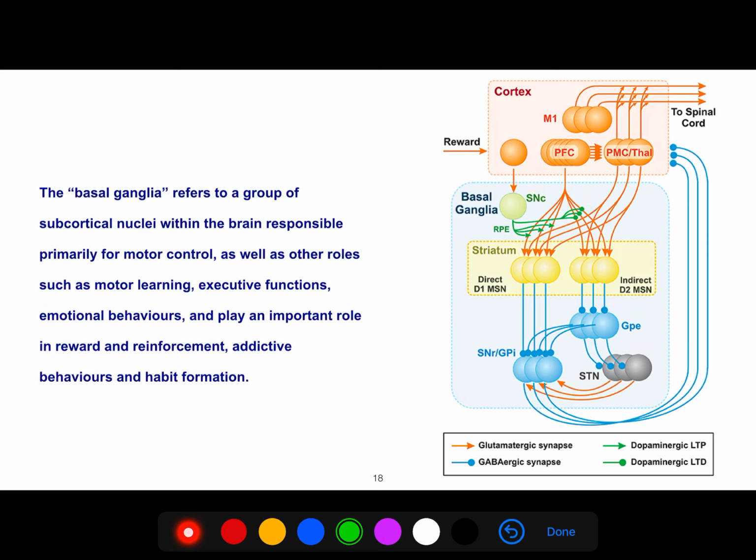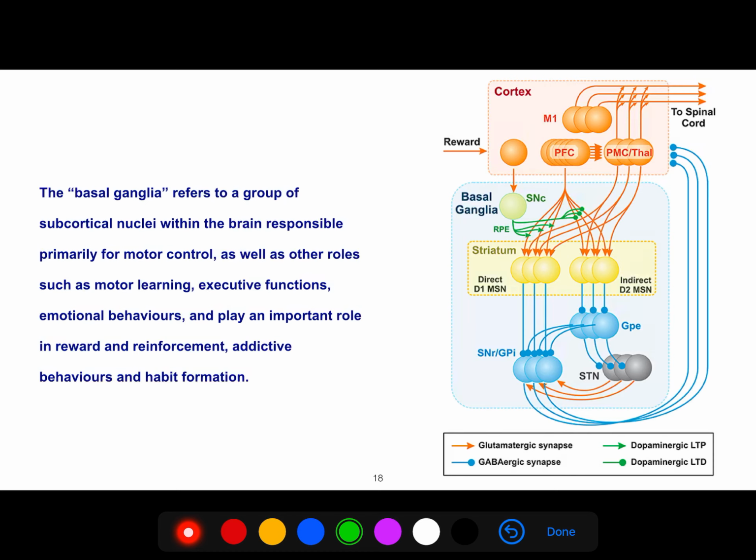And basal ganglia refers to the group of subcortical nuclei within the brain responsible for motor control, as well as other roles such as motor learning, executive function, emotional behaviors, and it plays an important role in reward, reinforcement, addictive behaviors, and habit formation.